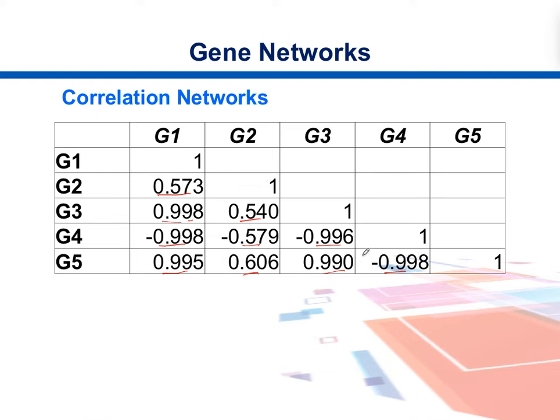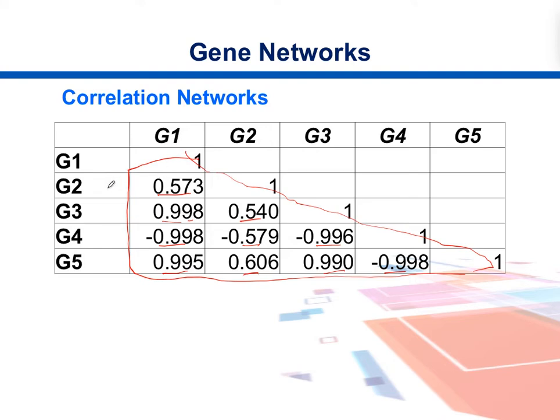The relationship between the same gene doesn't make any sense, so we don't need the diagonal. The only numbers we need are half of the total matrix, since the other half are duplicates of the same relationships. These are the pairs we construct through pairwise comparisons, and we get those correlation values.